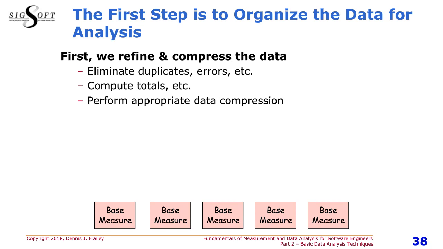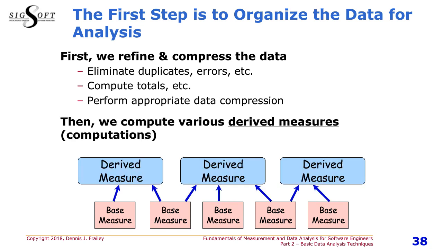That's called refinement. Once we've done the refinement, then we can compute the derived measures that we have decided are the things we really want to know, like lines of code per month or whatever it might be.